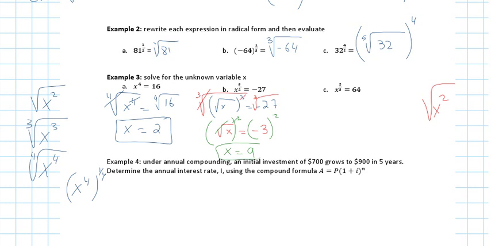How'd you get the first one? Which one? The 4th root of 16? Yeah. I don't know how to put it in the calculator. Like, how do you put the 4 outside the square root?